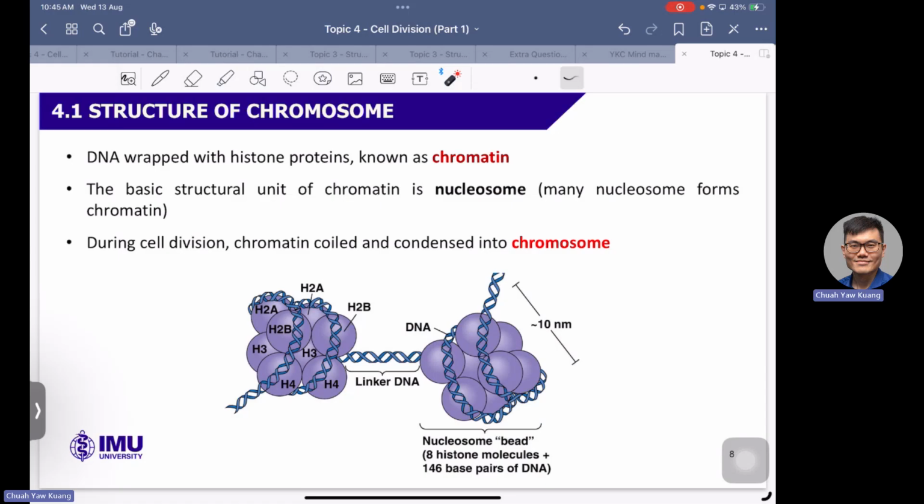That means 46 strands of DNA. And you know how long all of these strands of DNA are? Let's say you take out these 46 strands of DNA and combine them together for one single cell. You know how long that is? This long, 1.8 meters.